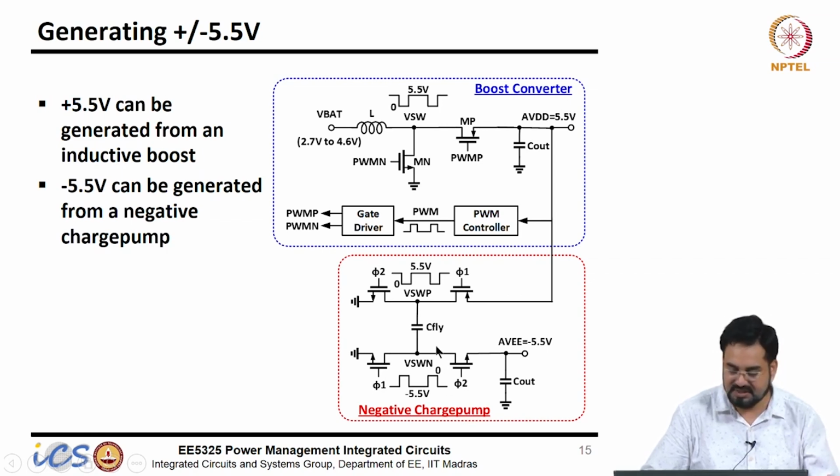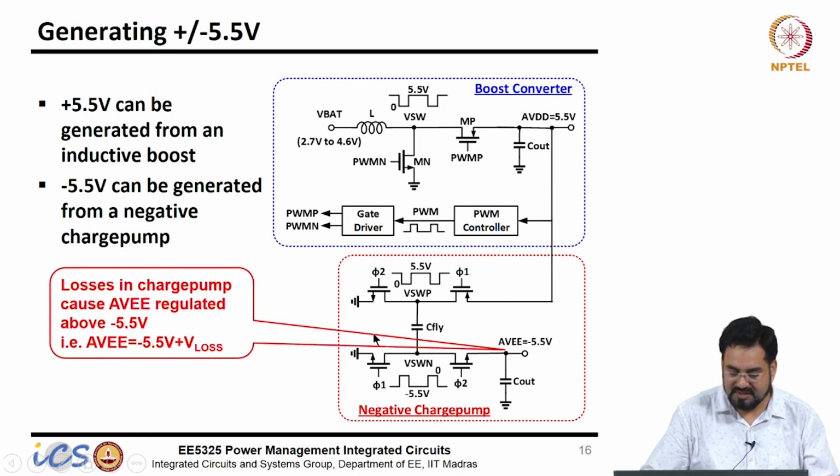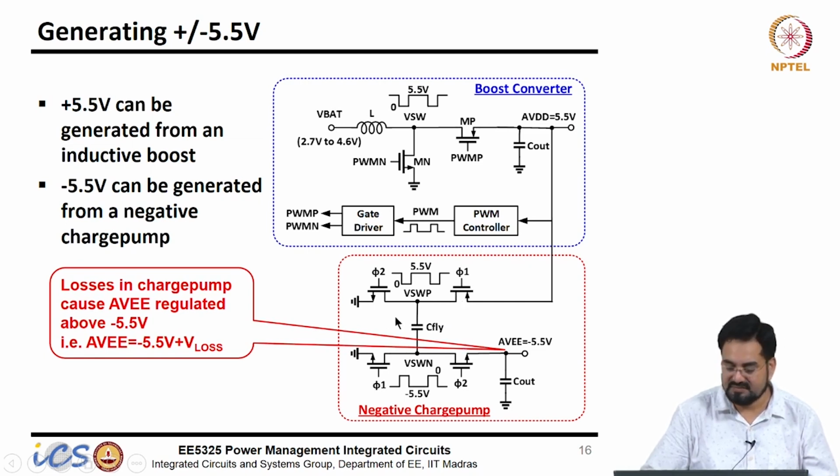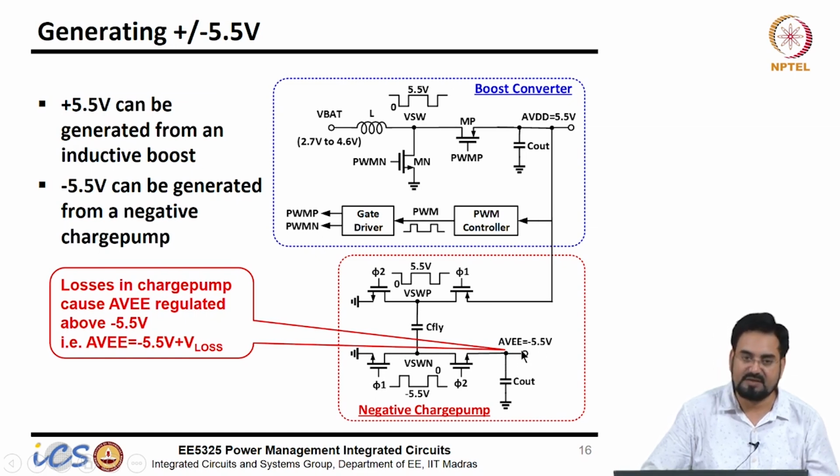It's a simple circuit, but it has a problem actually. Since we have switches here, they will have RDS on losses as well as switching losses. Based on the losses, when you apply 5.5 volt, there will be an IR drop across these switches, so your output will never be exactly 5.5 volt, but below that.